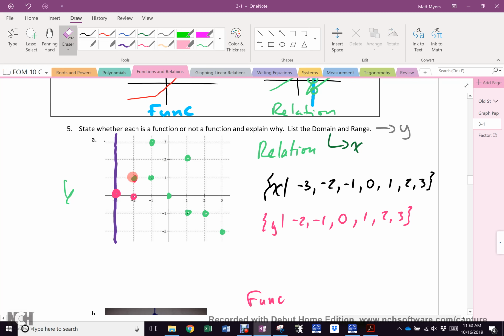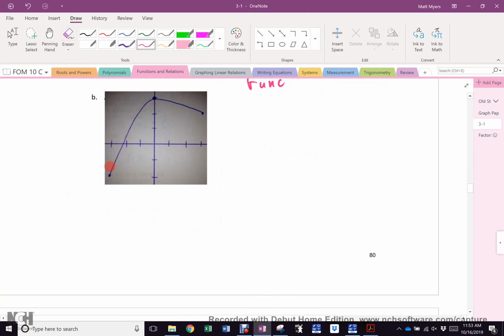Sorry, there's an x value, there's an x value. Is there anything in between? No. Now let's look down here. There's an x value. There's an x value, yes? But are there x values all the way in between? Yes.